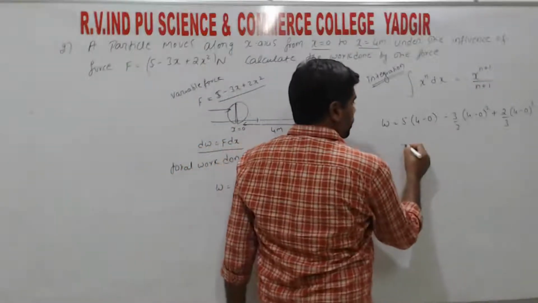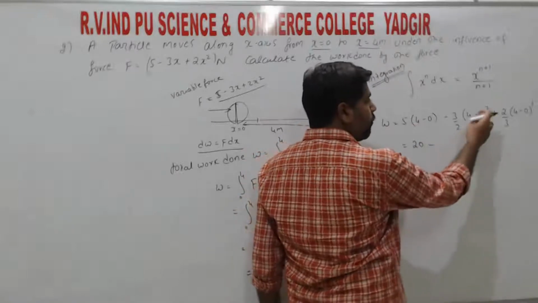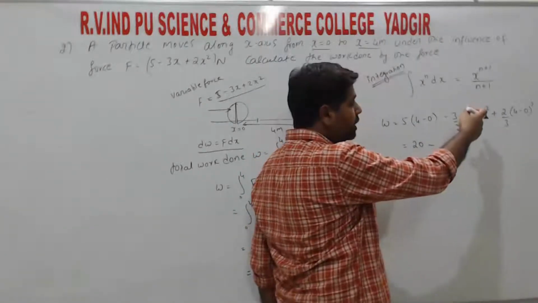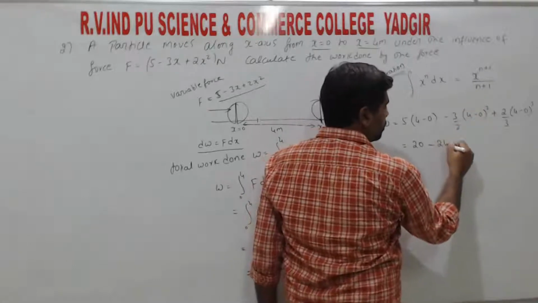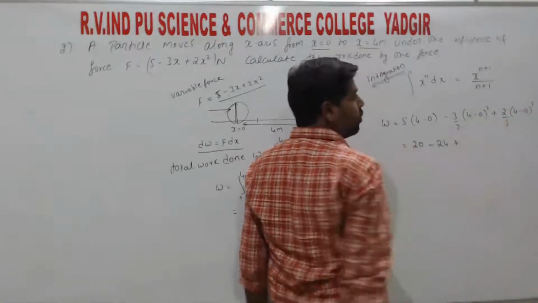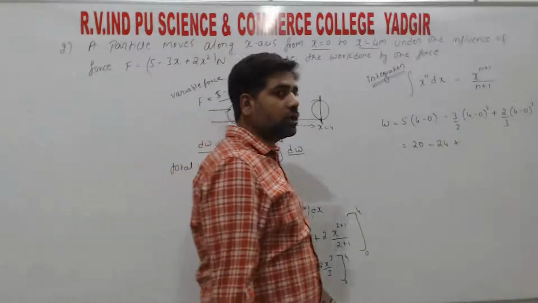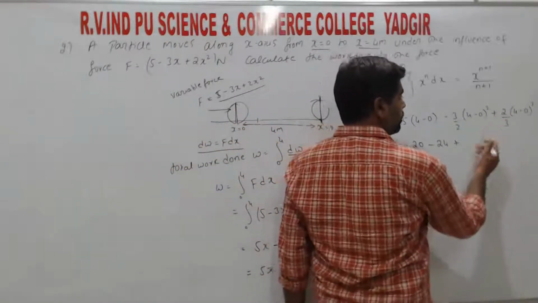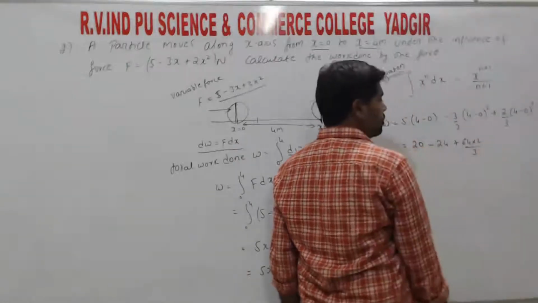So 4 minus 0 is 4, so 4 fives are 20, right? So minus, 4 minus 0 is 4, so 4 square is 16, 16 by 2 is 8, so 8 threes are 24, right? So plus, 4 minus 0 is 4, so 4 cube, 16 fours are 64, so 64 into 2 divided by 3, right?